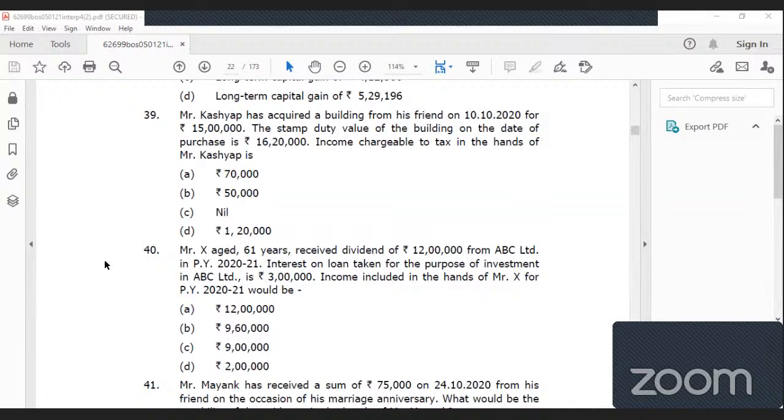Question 40. Mr. X, aged 61 years, received dividend of rupees 12 lakh from ABC Limited in PY 2020-21. Interest on loan taken for the purpose of investment in ABC Limited is rupees 3 lakh. Income included in the hands of Mr. X for PY 2020-21 would be.